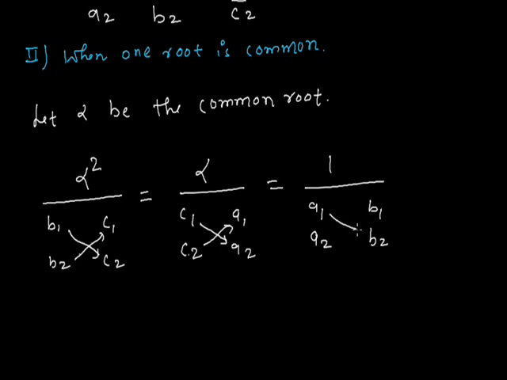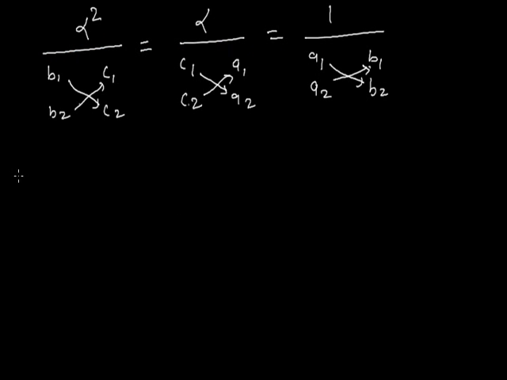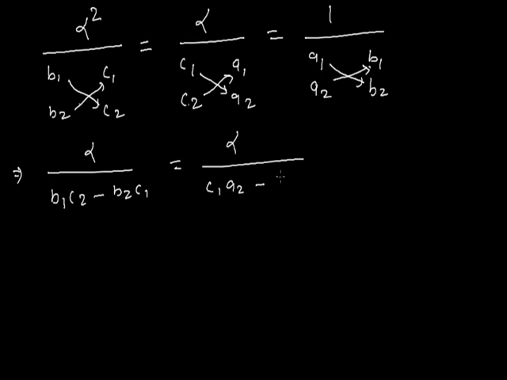Similarly, we get alpha square upon b1 c2 minus b2 c1, and alpha upon c1 a2 minus c2 a1, equal to 1 upon a1 b2 minus a2 b1.